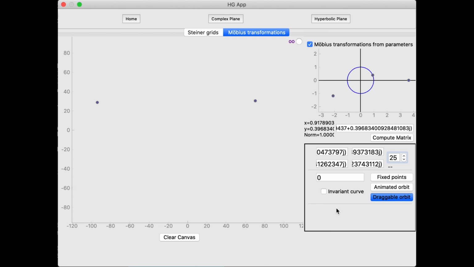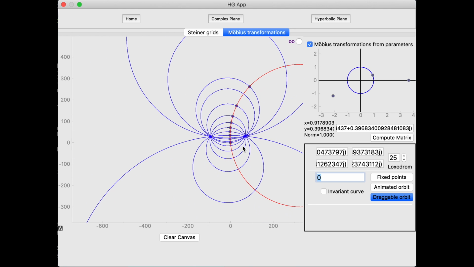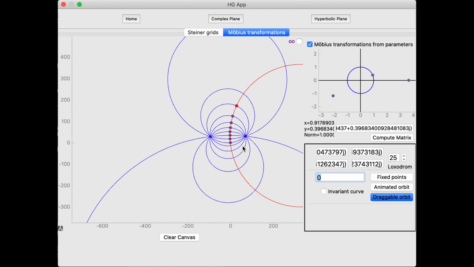By this, what I mean is that I'm going to plot 0, then apply the Möbius transformation and plot the result, and then apply it again, and again, and actually iterate, and plot consecutively the iterations or the powers of this Möbius transformation applied to this point that I'm taking as initial. So this is what the different iterations of the Möbius transformation look like.